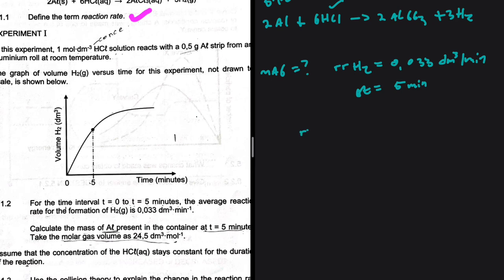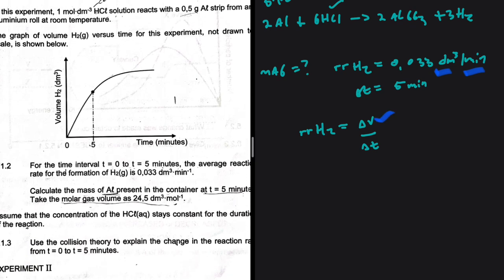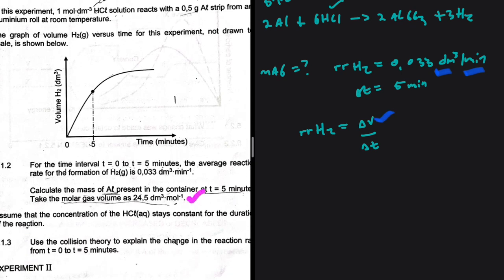If we take the rate of reaction of H2, the way we set up our equation is decided by the unit we're given. We have decimeter cube per minute. So our rate of reaction of H2 should be the change in the volume divided by the change in time. This change in volume that we are going to find, don't forget we're given the molar gas volume, will allow us to find the number of moles of H2.